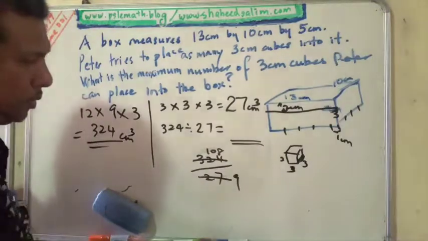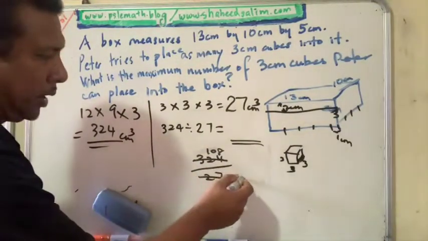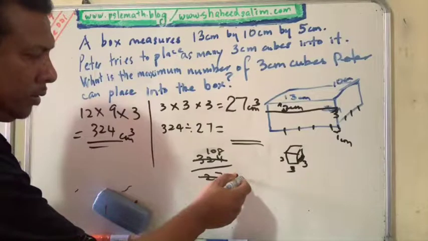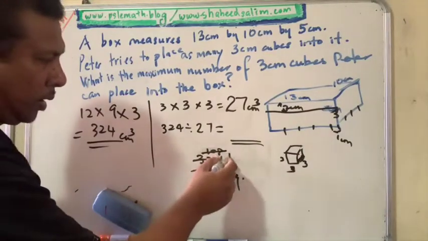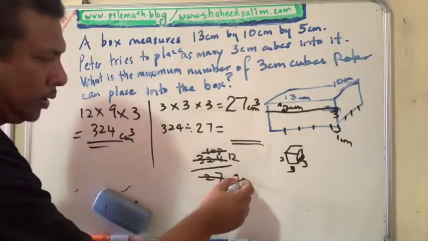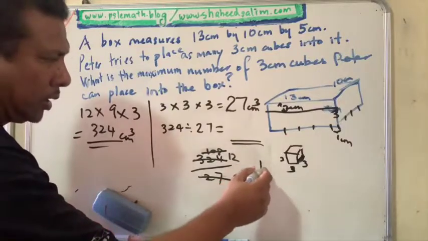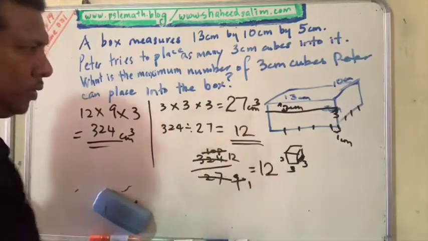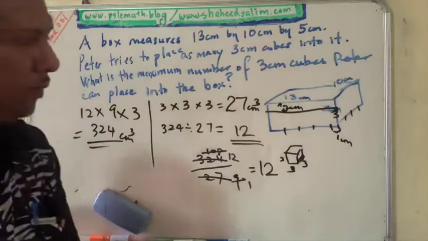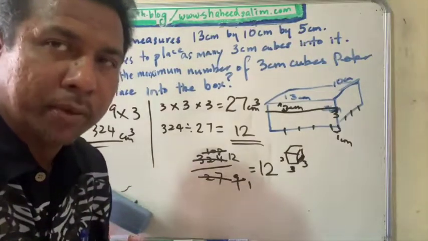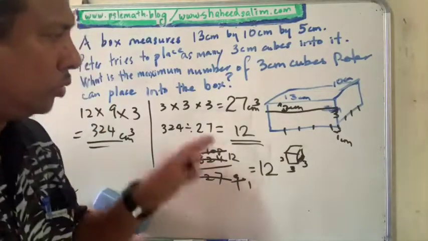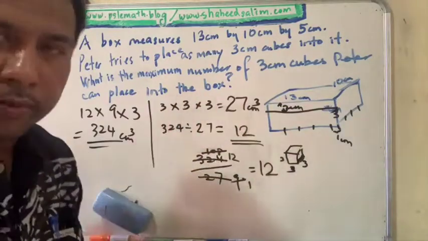Divide 108 by 9, you get 12. So the answer is 12. You can only fit 12 3 cm cubes into the space here.